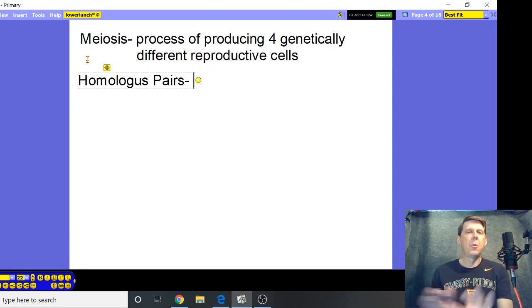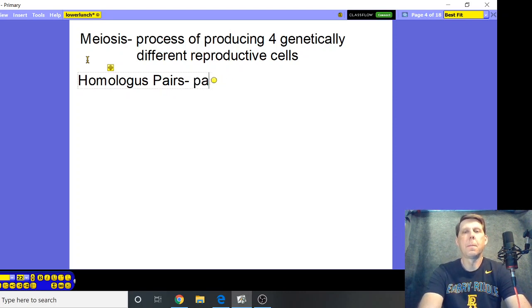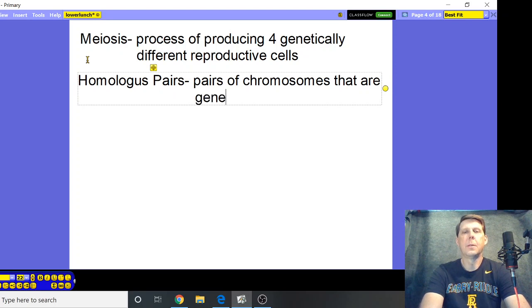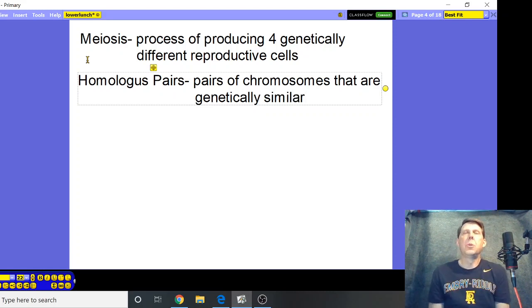They didn't just float around on their own. They floated around with their homologous pair, and that was pairs of chromosomes that are genetically similar. So they're genetically similar in size and shape.